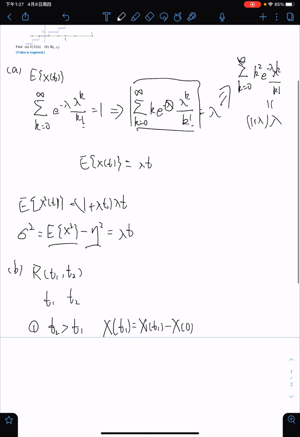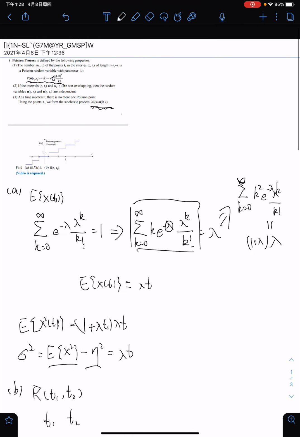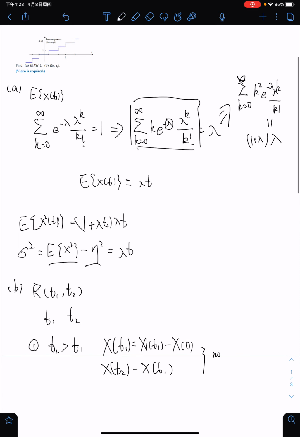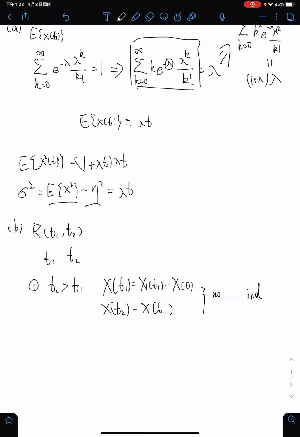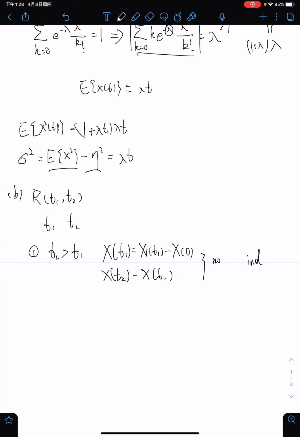And X(T2) minus X(T1) is in the interval from T1 to T2. These two have no overlapping part, so they are independent. With this knowledge, we can solve this problem.